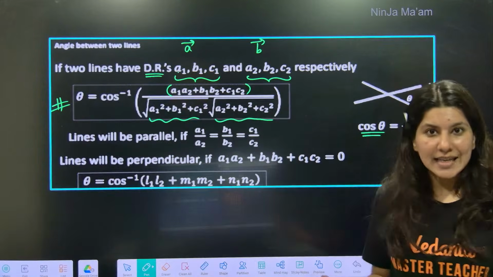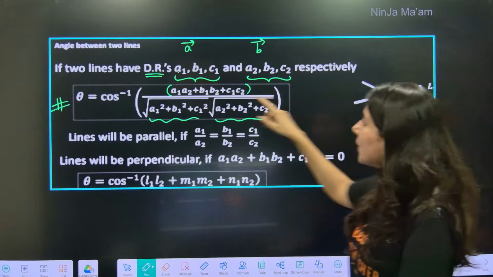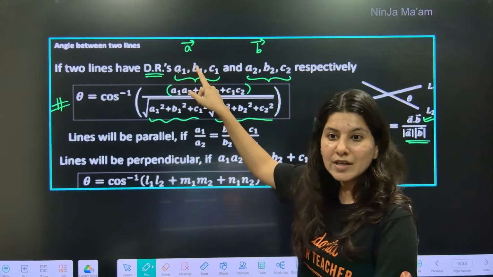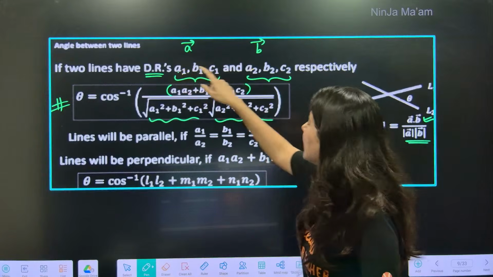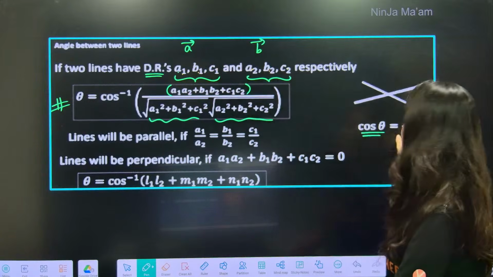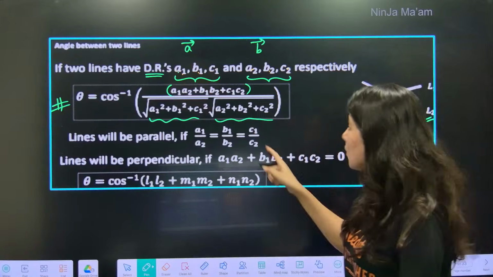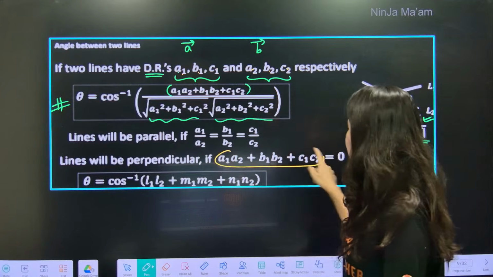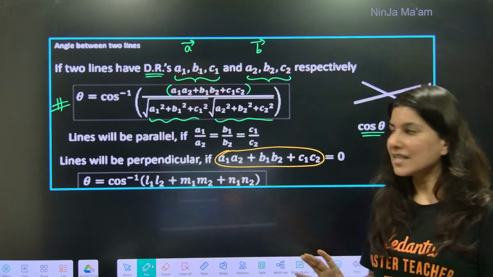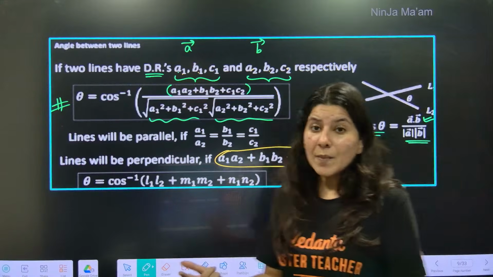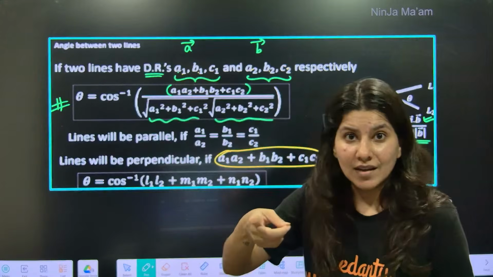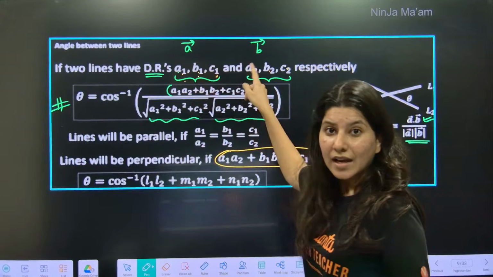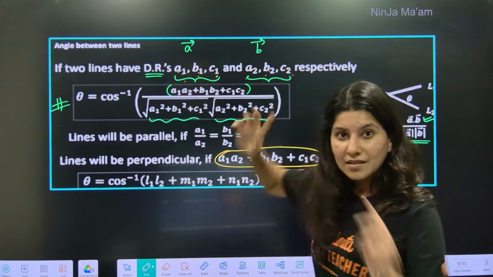Now two special cases. If both the lines are perpendicular, then their direction ratios will satisfy what? A1 A2 plus B1 B2 plus C1 C2 will be 0. Remember, the dot product becomes 0. So A1 A2 plus B1 B2 plus C1 C2 being 0 means the lines are perpendicular. And if lines are parallel, you will be able to see it. It will be like 1, 2, 3 and 2, 4, 6.